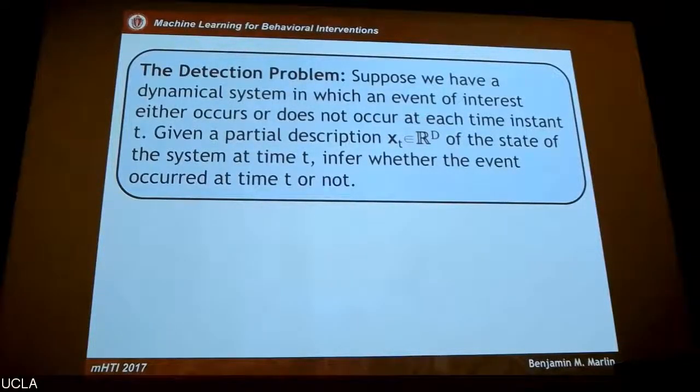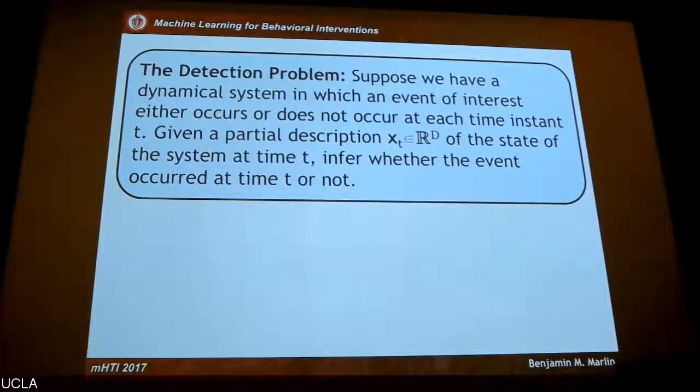Abstractly, we're going to have some kind of dynamical system. Think about the big picture that I showed you before: you've got the patient, environment, all kinds of things happening, changing over time. In this dynamical system, there's some particular event that we're interested in, and at every time point, either that event occurs or does not occur. You can modify this to look at levels, but for now we'll just stay with occur or not occur.